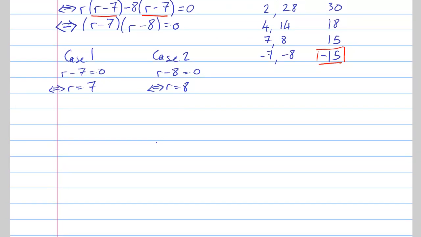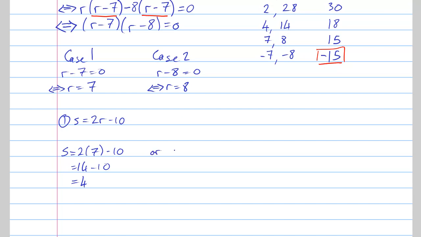We're asked to solve these simultaneous equations. We have two different values for r, and there should be two values for this type of question, so we're doing well enough there. But we don't know what s is. Well, we have a formula for s. We know that from equation 1, s is equal to 2r minus 10. So if we go with case 1 where r is 7, we say that s is equal to 2 times 7 minus 10, which is going to be 14 minus 10, which will be 4.